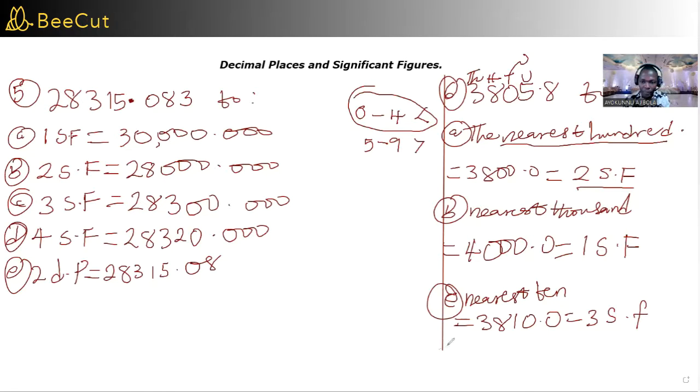Okay, I said that's the last, but let's look at this still on the same one. 3,805.8. Want to round this to the nearest whole number. That's the nearest unit.